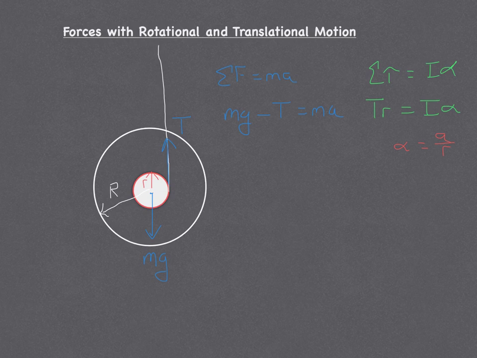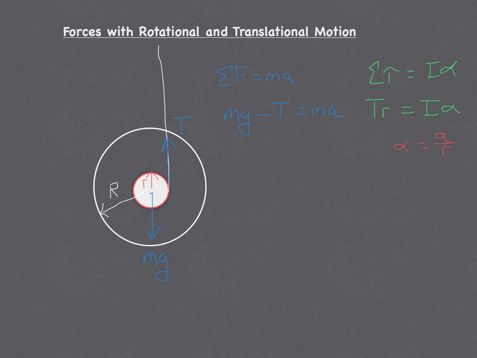Now for this general solution, we're going to solve for the linear acceleration first. Again, it's a general solution. It's very similar to what we just did in the last chapter for a couple problems, and then it's basically the same process for coupled motion.